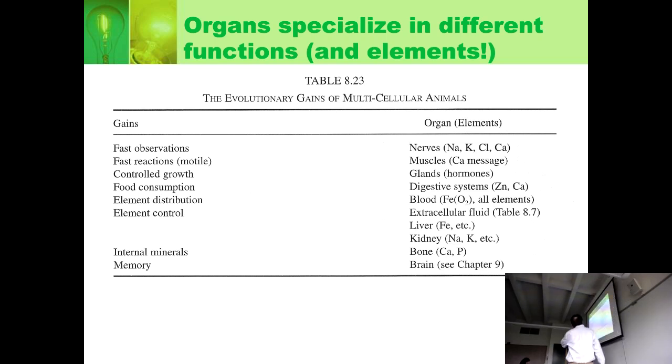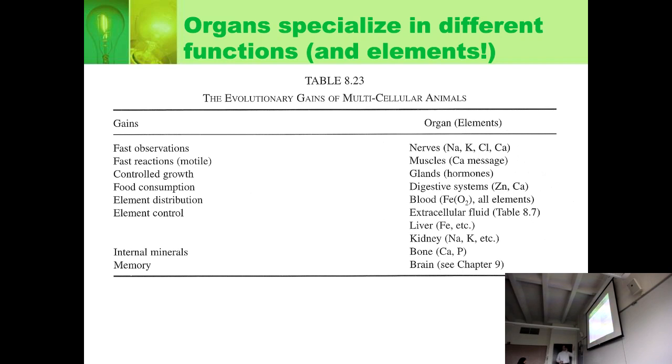So you look up and down, you can organize it, and if you look at how fast it needs to work and what it needs to do, does it need to chemically break things down or not, you can come up with a rough conclusion for why certain elements are in certain organs. We can't go into detail on that in this class, but I do want you to have this chemistry filter that you can talk about.